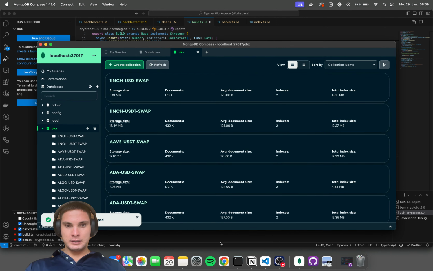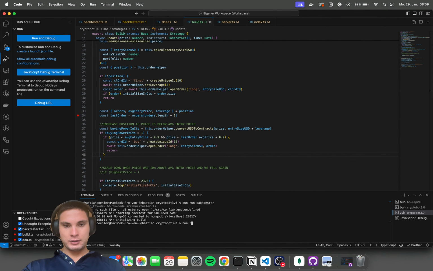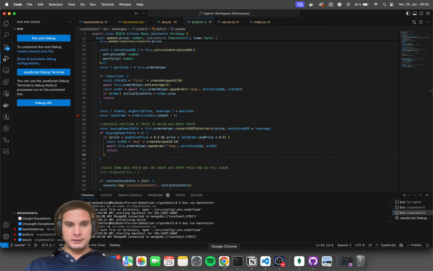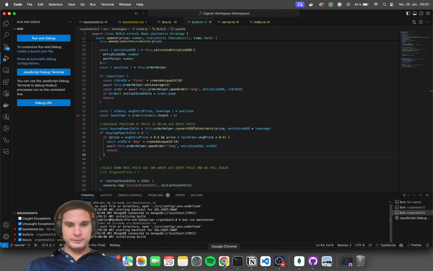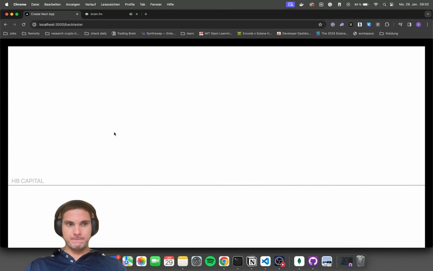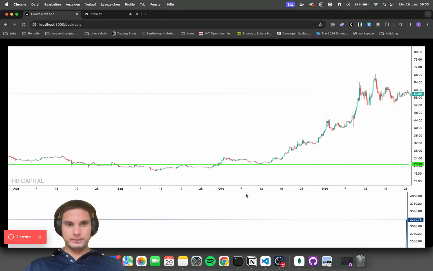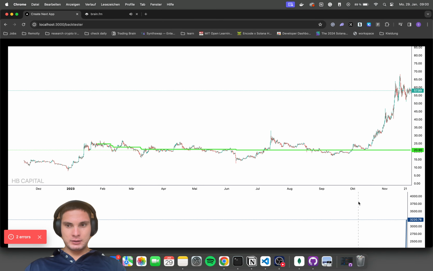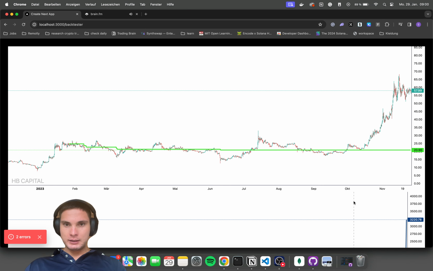This shouldn't have changed anything. We should still see the same entry price moving. Should look the same still. Two errors now, but I guess because of the color.